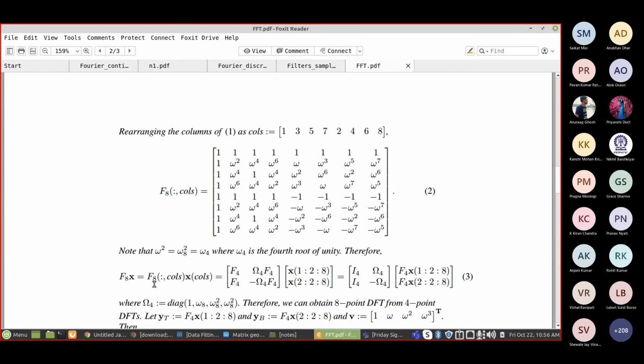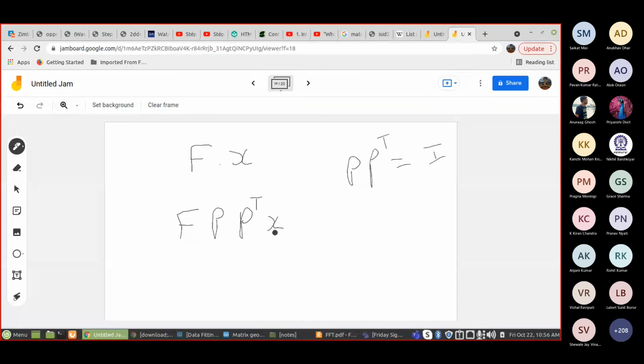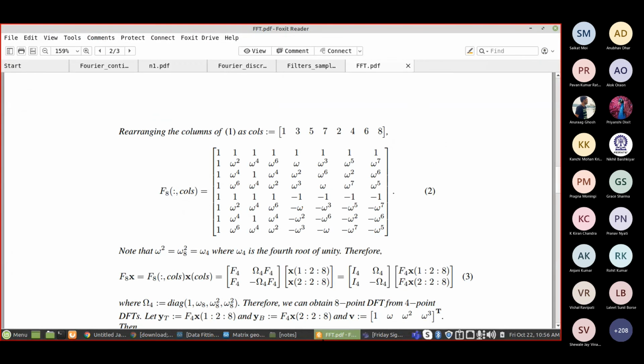We are multiplying this Fourier matrix by a permutation matrix which permutes the columns of the Fourier matrix, and P transpose permutes the rows of X. The permutation matrix is chosen like this: first column, third column, fifth column, seventh column, like that.